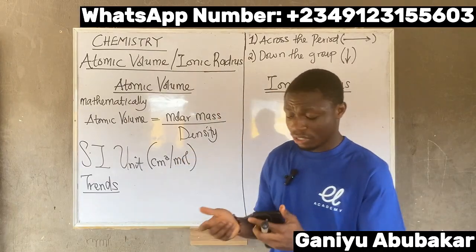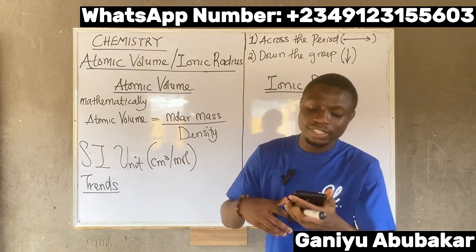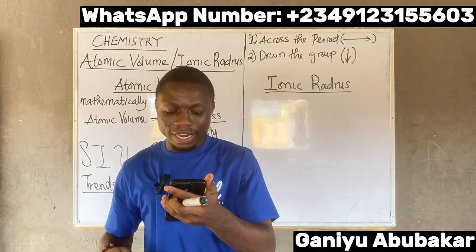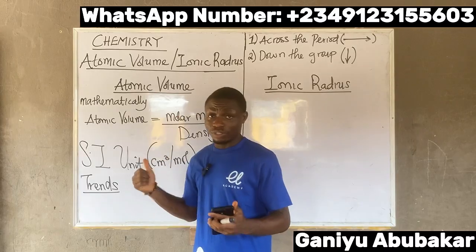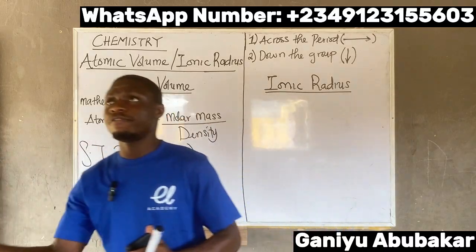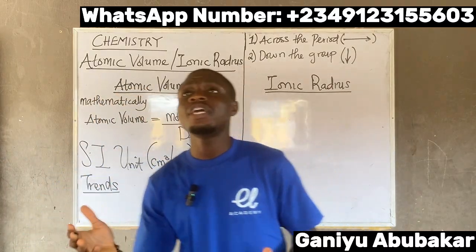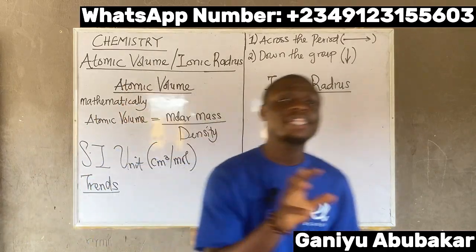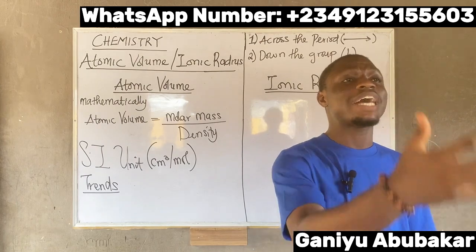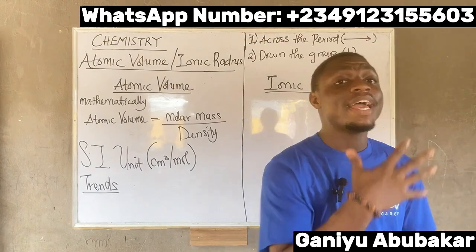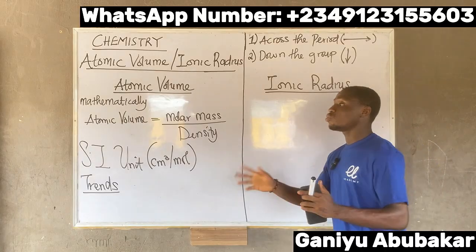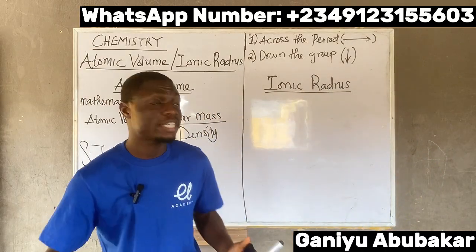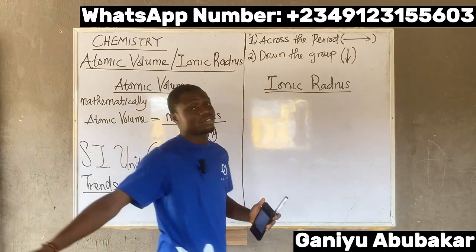So an ion is an atom that has lost or gained electrons. Either positive or negative. For positive, it means an atom has just lost electron. For negative, an atom has just gained electron. So these two, positive and negative signs, basically entail the concept of ions.